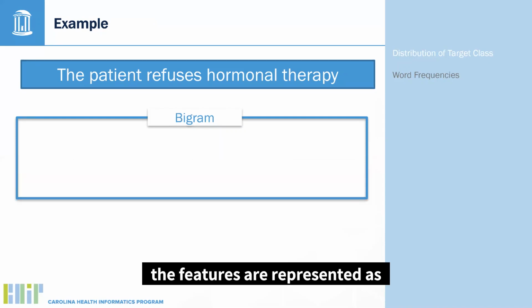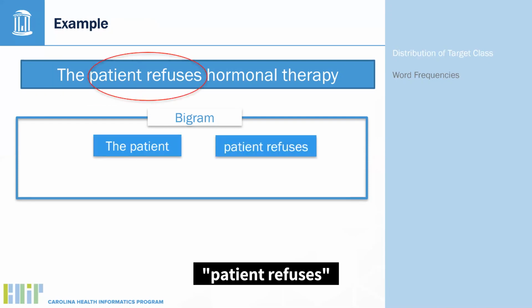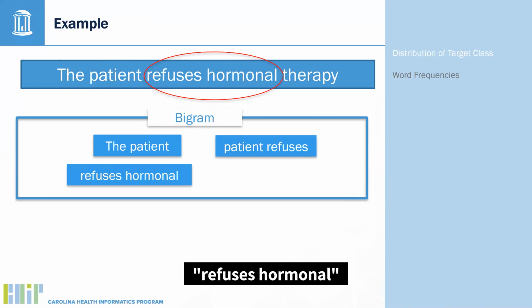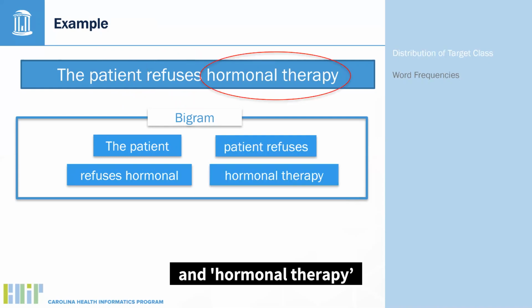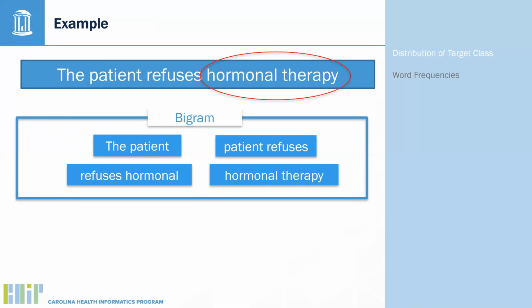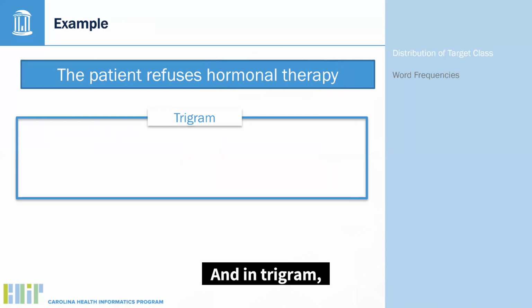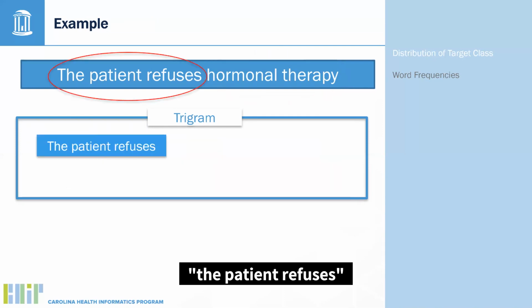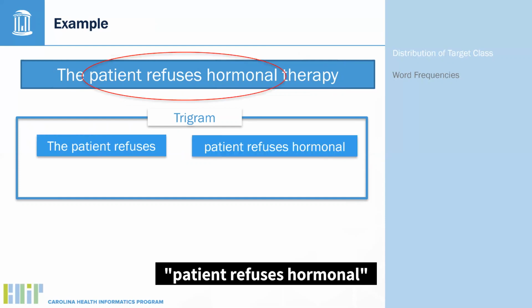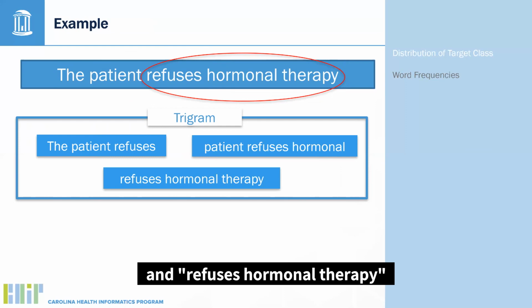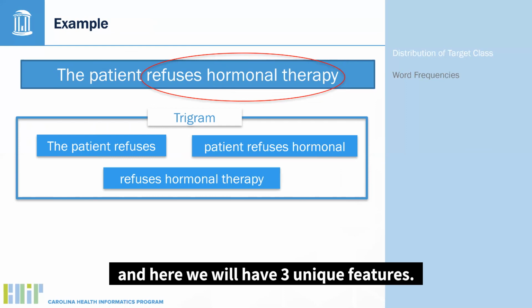In bigram, the features are represented as the patient, patient refuses, refuses hormonal, and hormonal therapy, yielding 4 unique features. And in trigram, it becomes the patient refuses, patient refuses hormonal, and refuses hormonal therapy. And here we have 3 unique features.